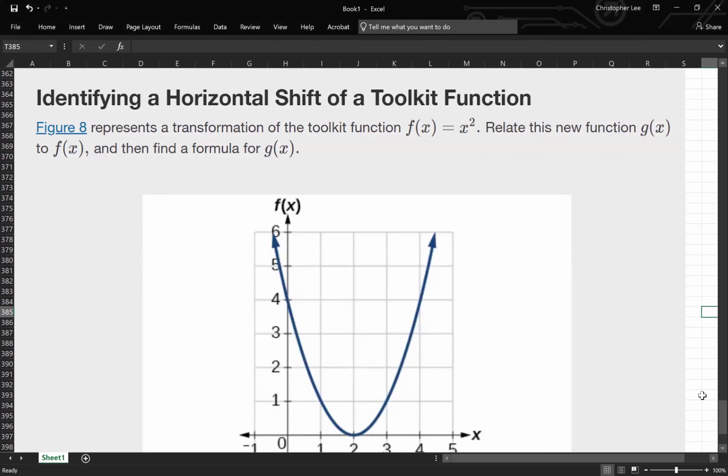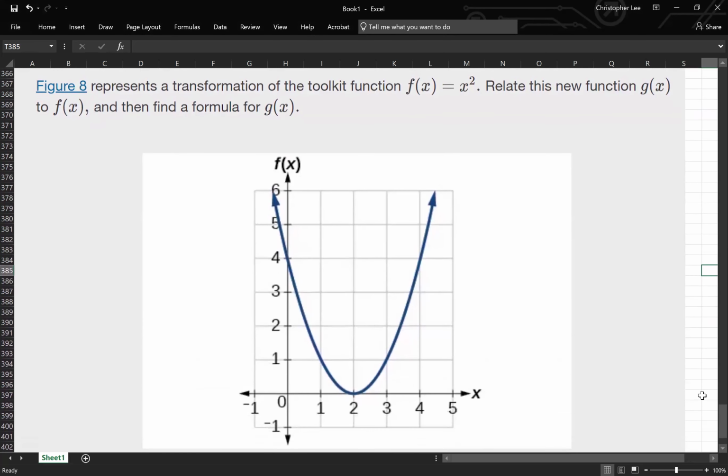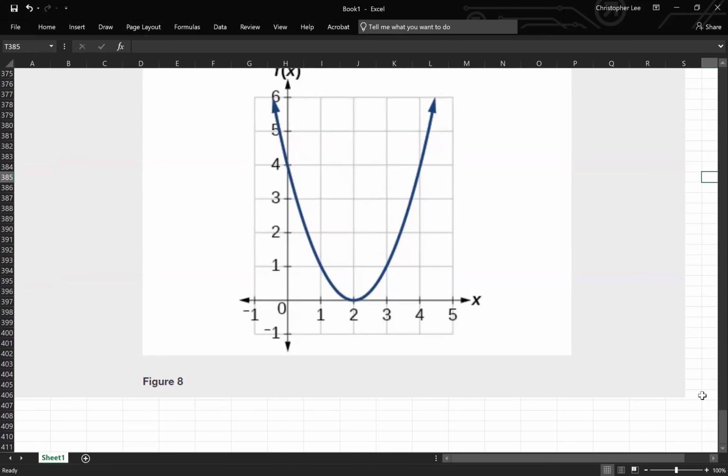So this is identifying a horizontal shift of a toolkit function. Figure 8 here represents a toolkit function f of x equals x squared. We all know this. Relate this new equation g of x to f of x, and then find a new formula for g of x. We know that f of x is equal to x squared.